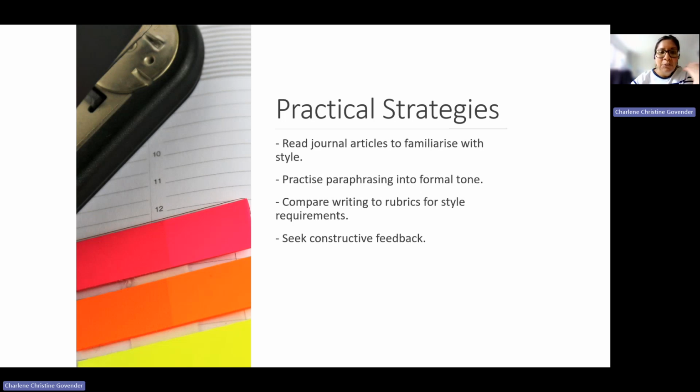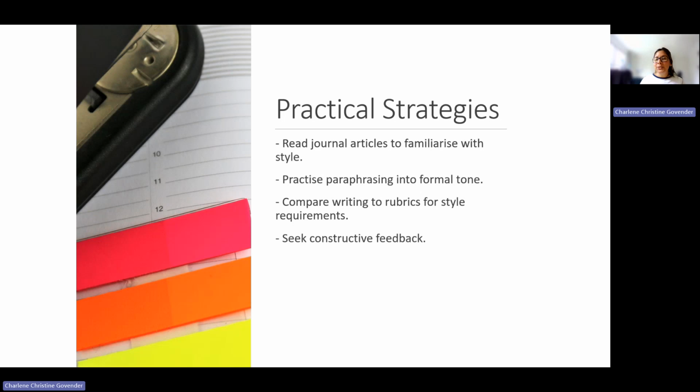Now, very, very important. I do like to tell students that come to me to always compare your writing to your rubrics. One of the first things I'll do if you ever come to see me is say, let's look at your assignment, let's look at the rubrics, and let's go over what we need to incorporate into our writing. Always keep that first and foremost in your mind, because you can write according to what's needed and what is being graded.